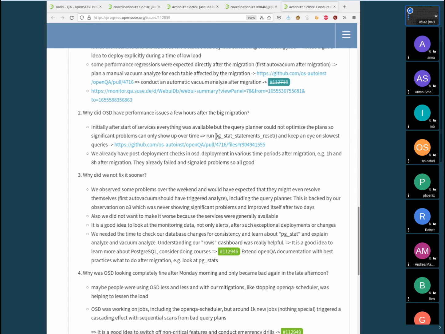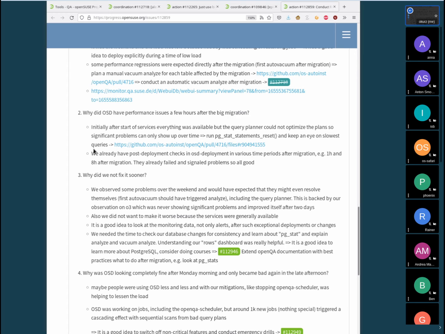Maybe there are some queries which are still quick, but 100 times slower, and they would show up in the graph if you accumulate them. So a good idea is to run a pg_stat_statements reset and keep an eye on the slowest queries after doing significant changes to the database, in particular the schema.